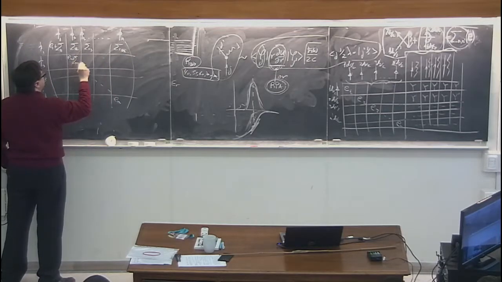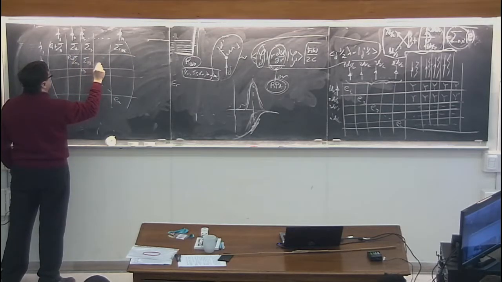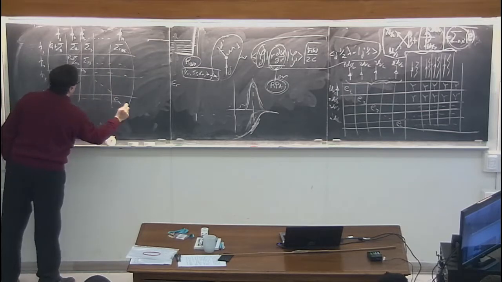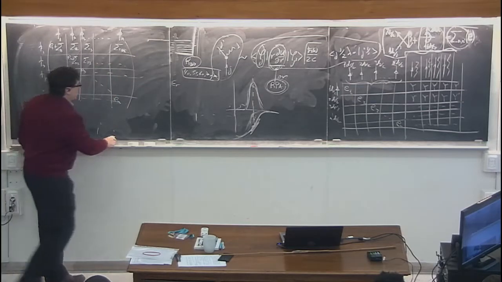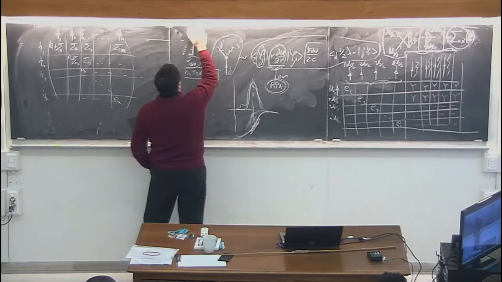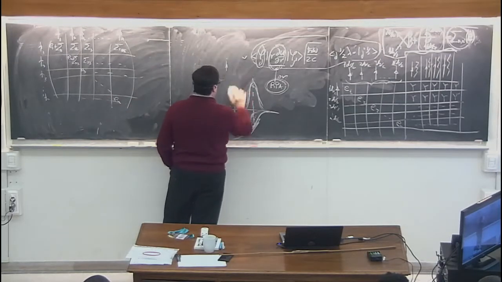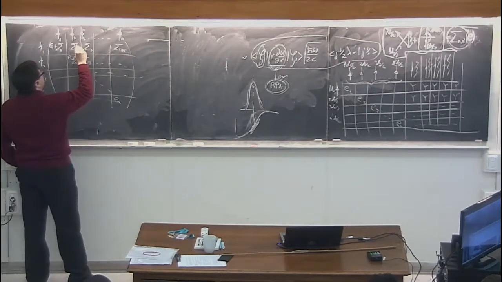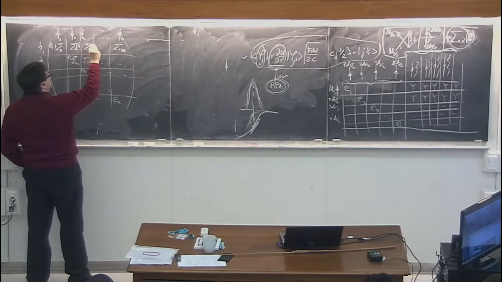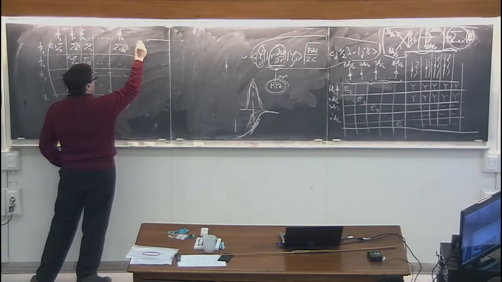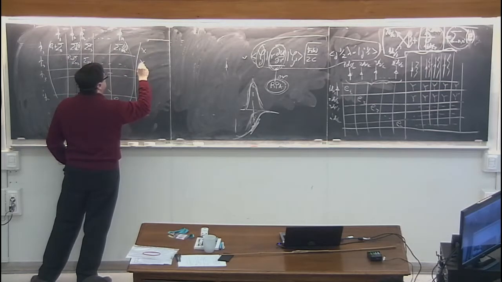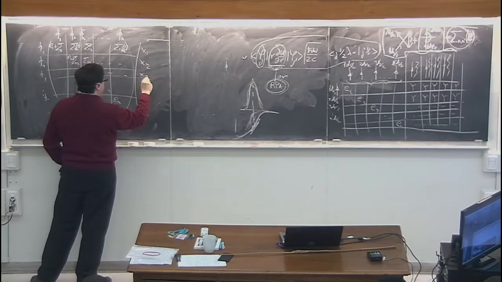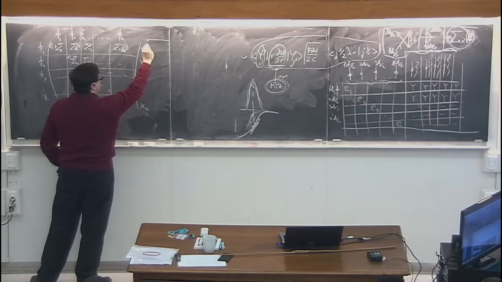The 2,2, the 2,3, and so on. This is an eigenvalue problem with matrix elements that are energy dependent, because each of these functions is an energy dependent one. And we have the different amplitudes.